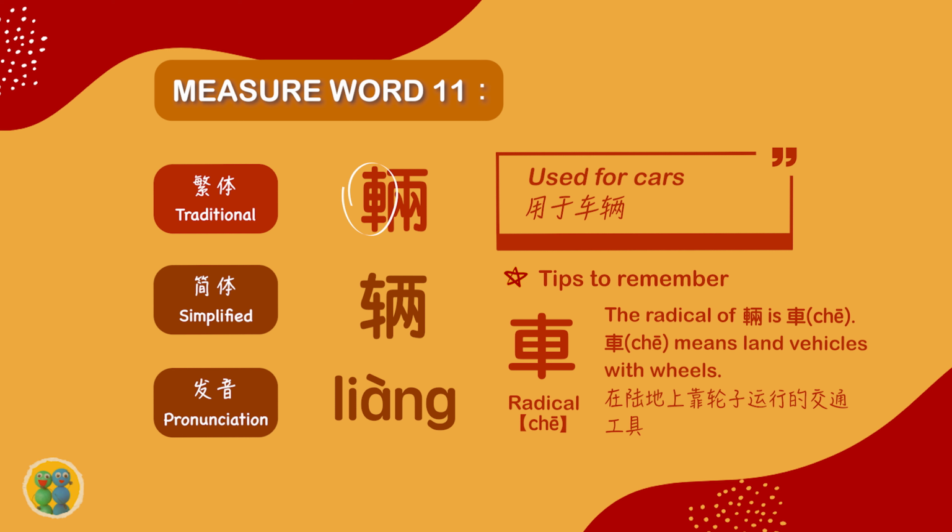So we also strongly suggest you remember it. And for this radical, you can actually relate this word to this measure word because this measure word is used for cars. And it has a radical which means land vehicles with wheels. So it helps you to remember if you know the radical 车.